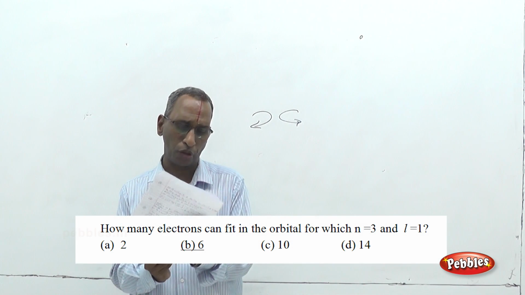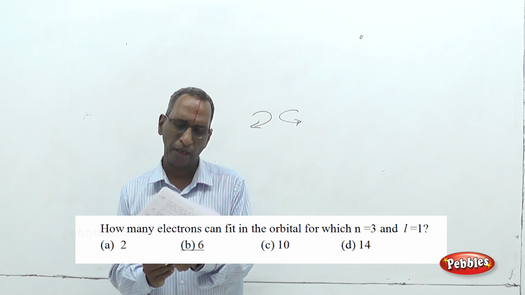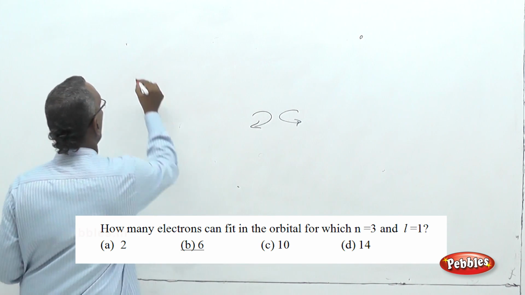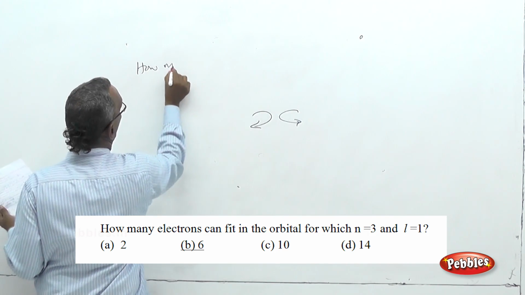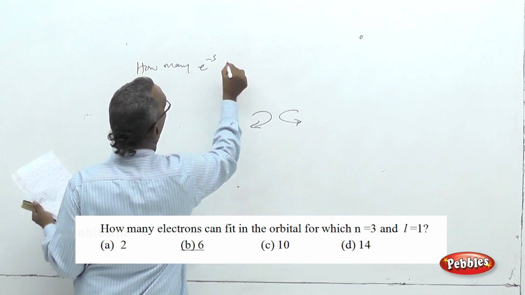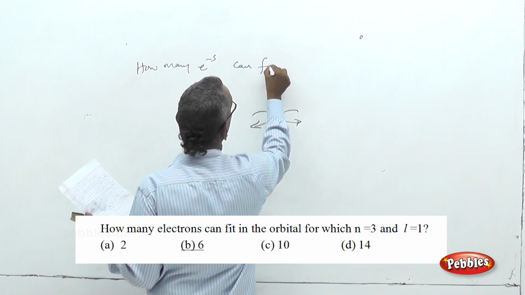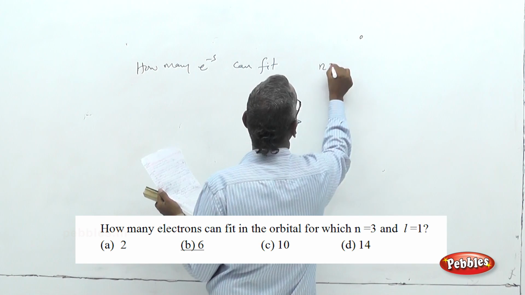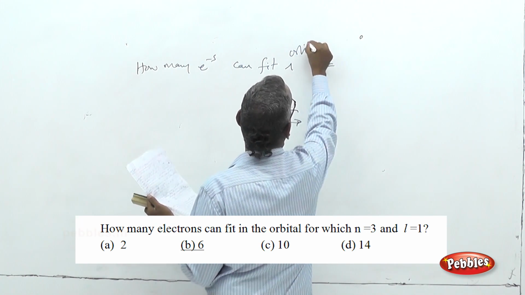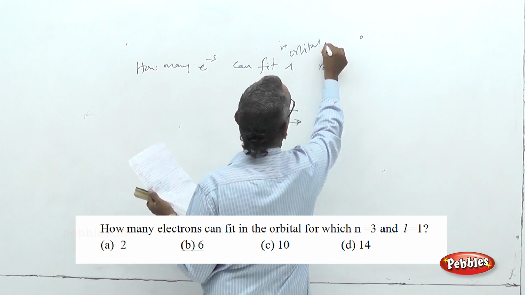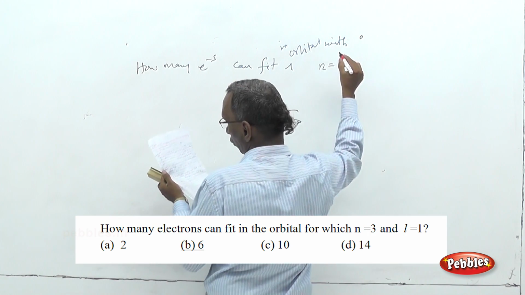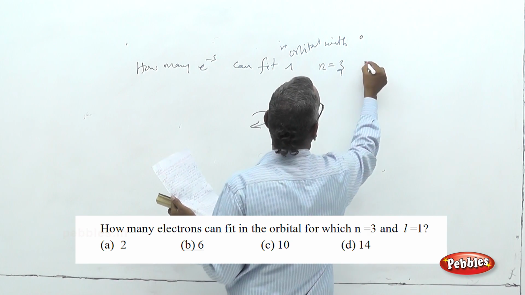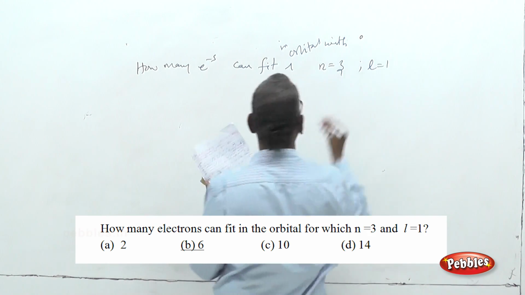How many electrons can fit in an orbital with n value equal to 3 and L value equal to 1?